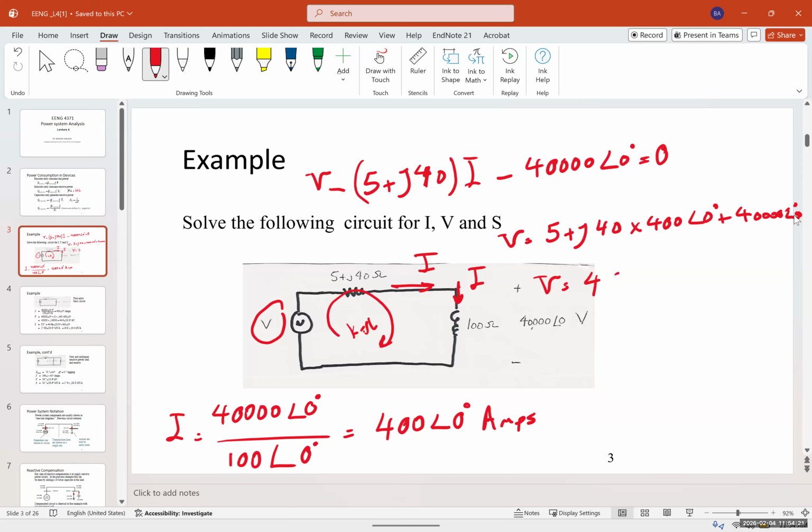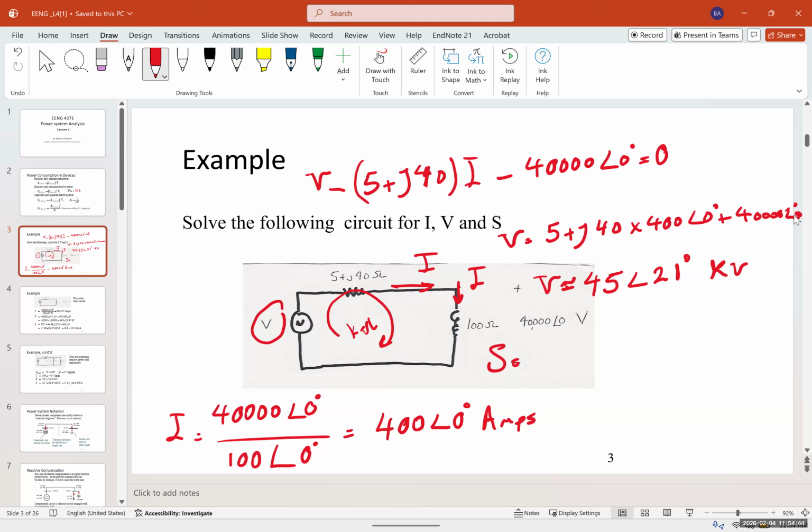Perfect. 45 with 21 degrees. And these are estimates, yes, just rounded. So you round it up and it's going to be 21 degrees. Kilovolts, yes.